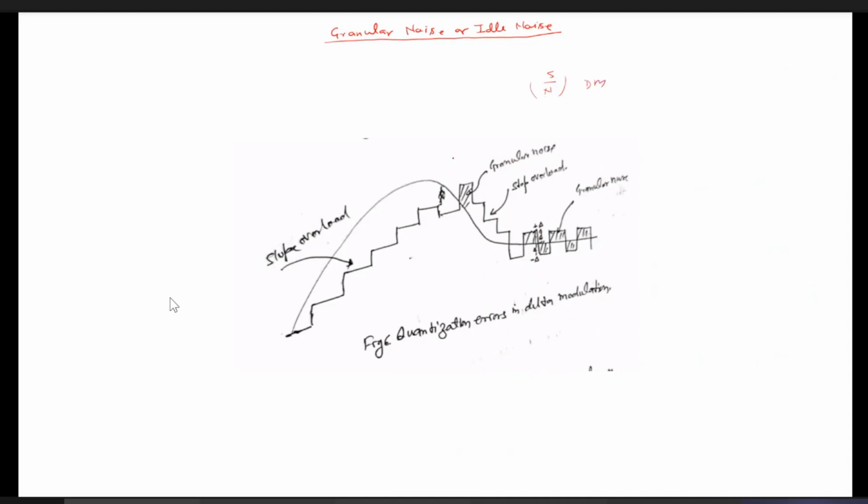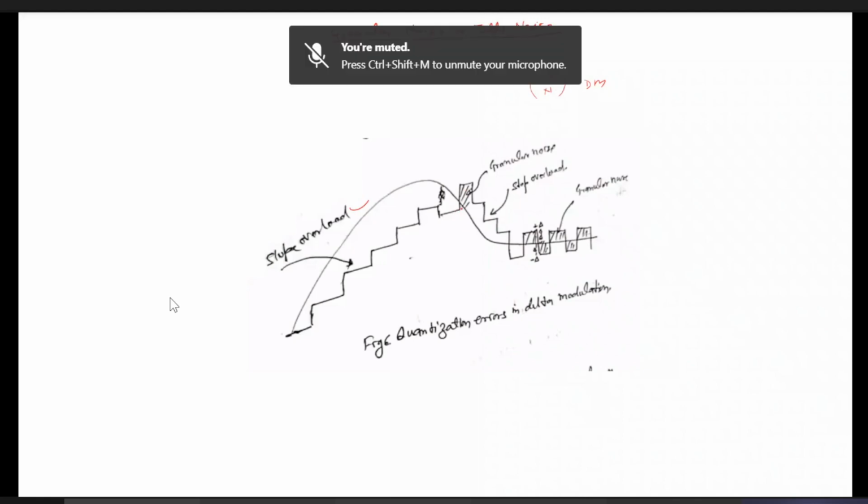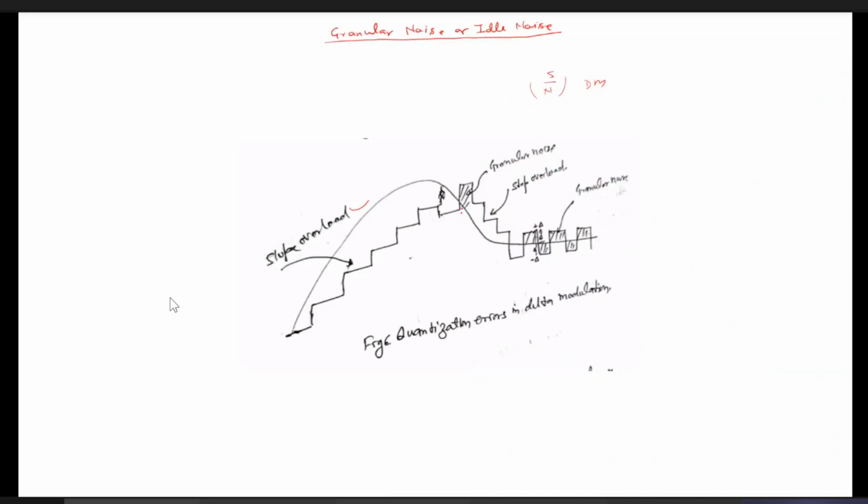What happens? You can see this is the message signal. In this case, the staircase function is unable to follow the message signal, which is the case of slope overload distortion. Whereas in this case, if the value goes just over here, at this point the value of the message signal and the staircase function are very close to each other, but the message signal is slightly more than the staircase function.